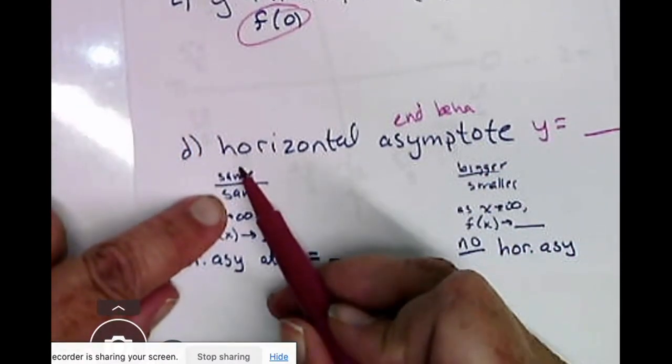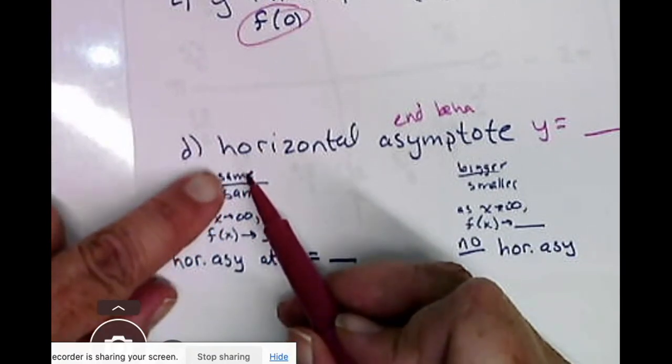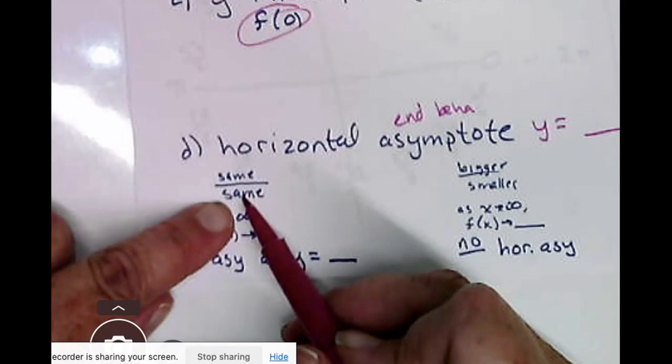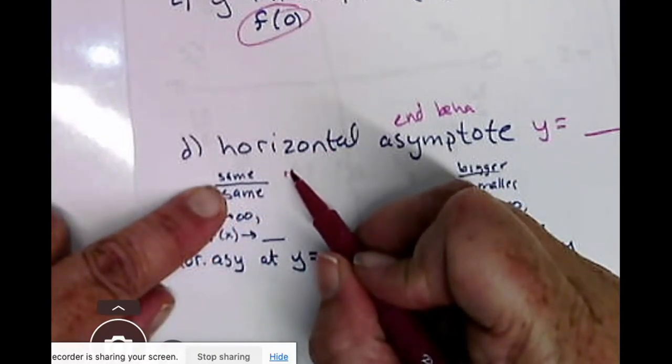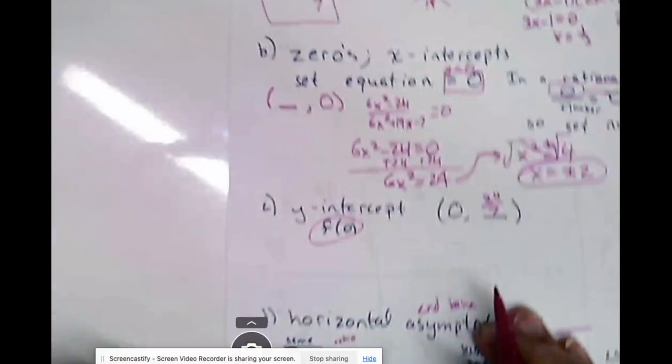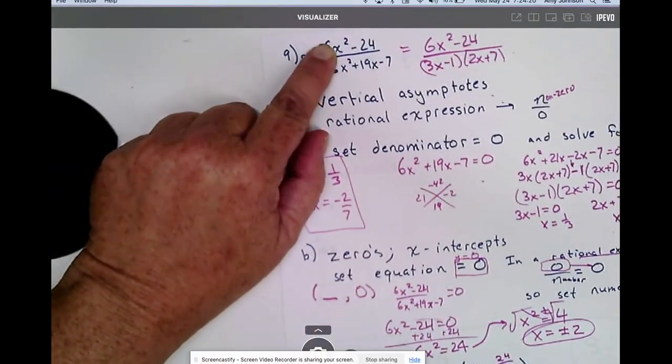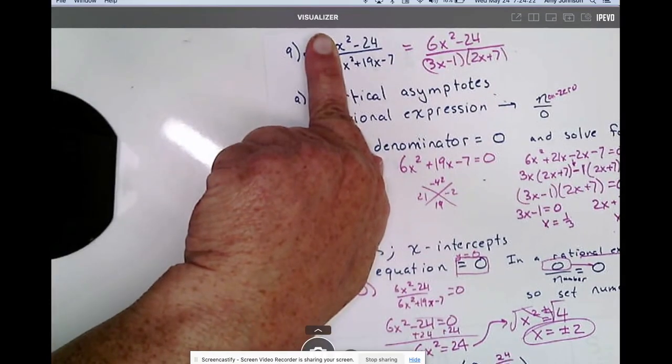So if you have the same degree on top and bottom, like your highest degree on top is x squared and your highest degree on the bottom is x squared, then you use the ratio of the coefficients. So if we look here, we have 6x squared on top and 6x squared on the bottom.